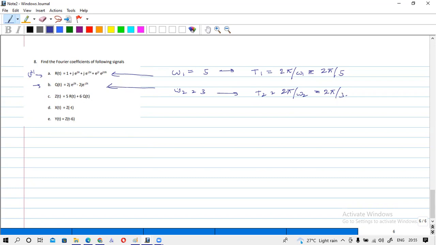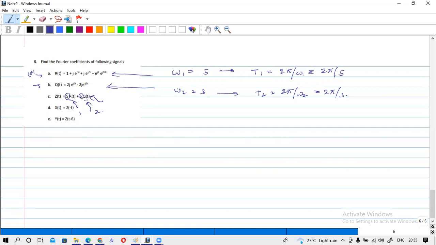If you consider this one, you can see that this signal is constructed by adding these two signals. This is the first signal and this is the second signal. You add these two signals and multiply by some values. These values are always related to the amplitude of the signal.